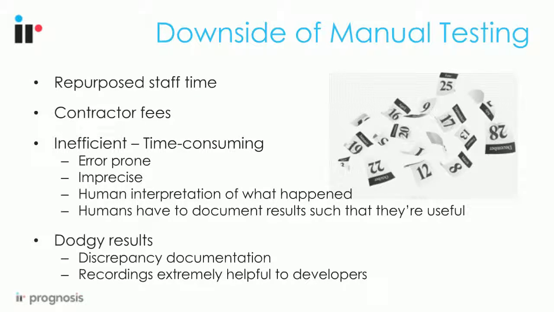And if it takes 5, 10, or 20 of your own people to do it, it's going to take a number of contractors as well, and with that comes a bill. So it's expensive, it takes time, but there's also the kinds of results that you get from manual testing.